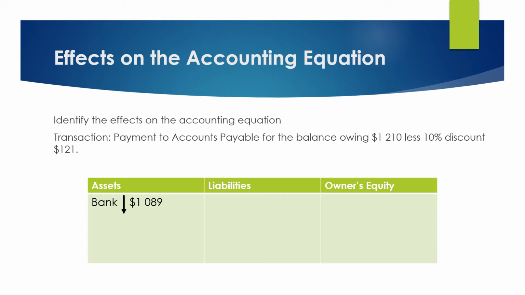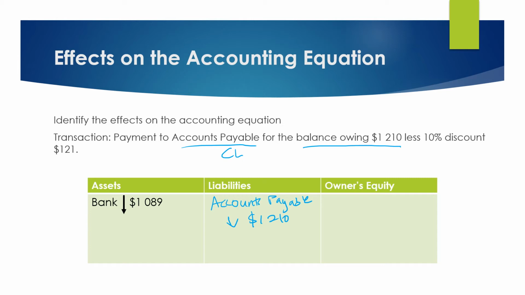After we have identified the effects on the bank, we ask ourselves, what was this payment for? In this transaction, a payment is made to the accounts payable for the balance owing $1,210. Accounts payable is classified as a current liability. So under liabilities, the accounts payable has decreased by $1,210.